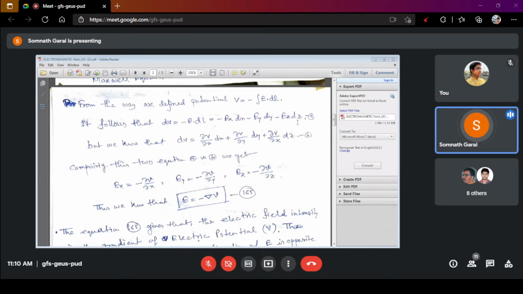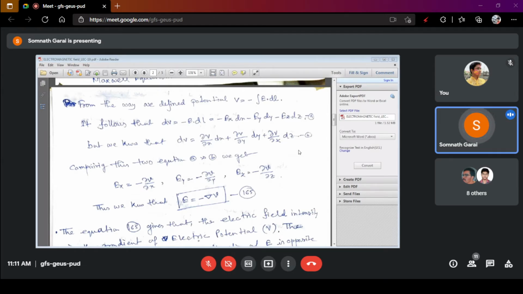Similarly, we also know that dV is equal to del V by del x into dx, plus del V by del y into dy, plus del V by del z into dz. This del represents a gradient.